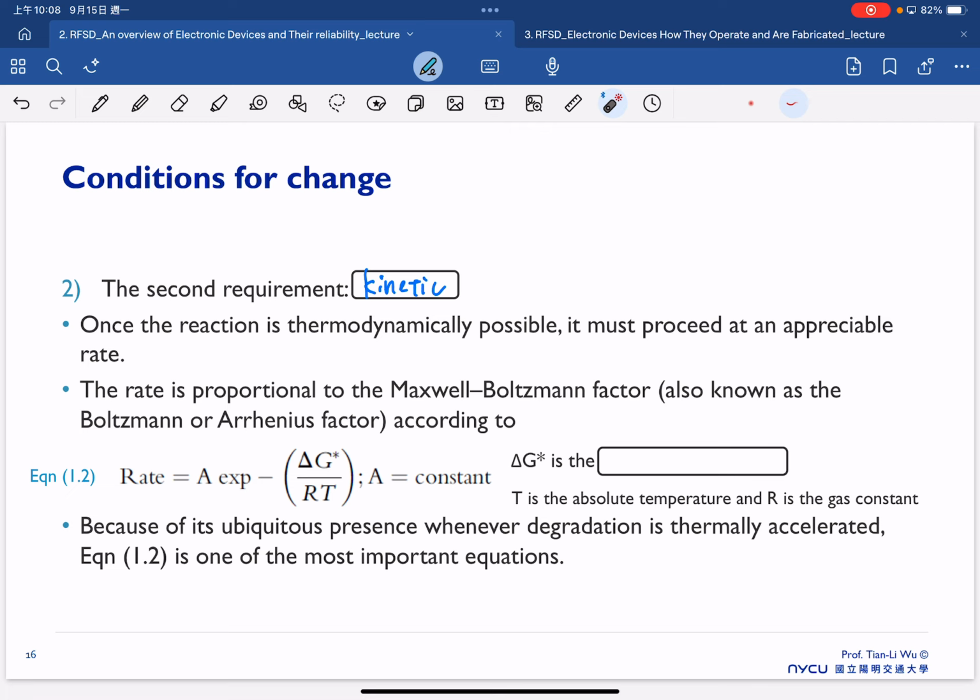And this rate is proportional to what we call the Maxwell-Boltzmann factor, also better known as the Arrhenius factor. According to the following equation, our rate is equal to a constant times exponential of minus delta G over RT, and delta G here is referred to as the activation free energy.